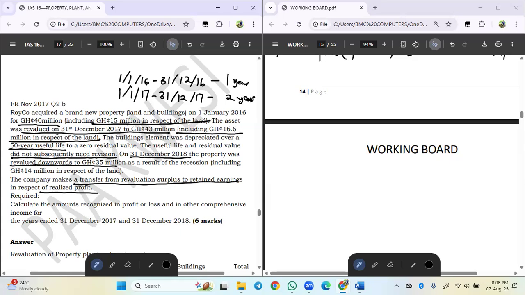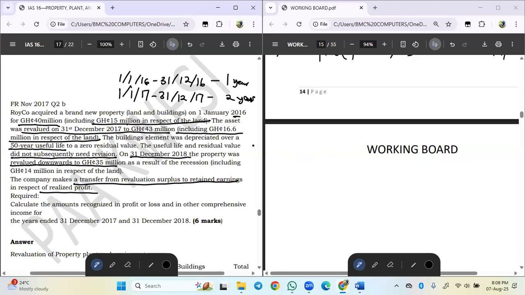Now the depreciation happened on 31st December 2017. That is the end of the period 2017. So we have accumulated depreciation to calculate for how many years? 2. If you don't take care, you will say it's 1. One will say 2016 to 2017 is 1 year.